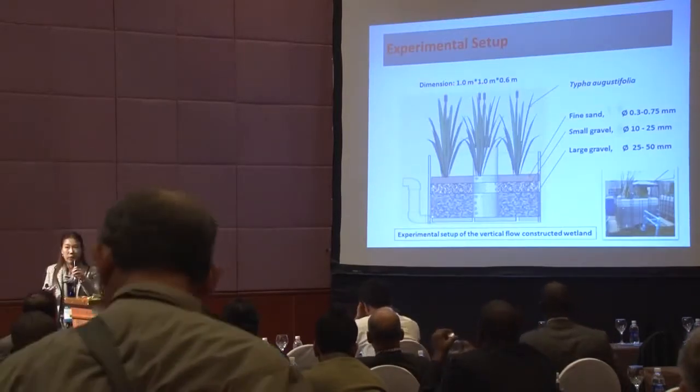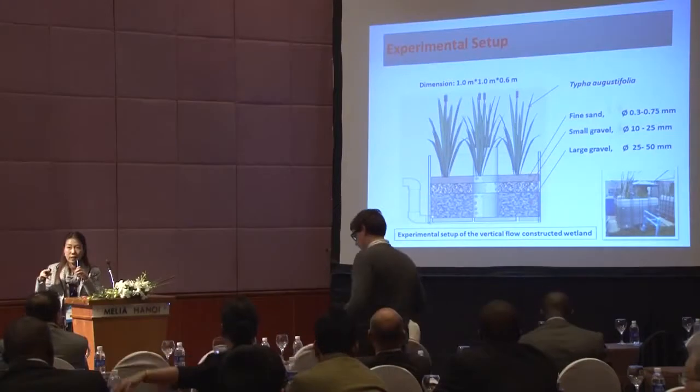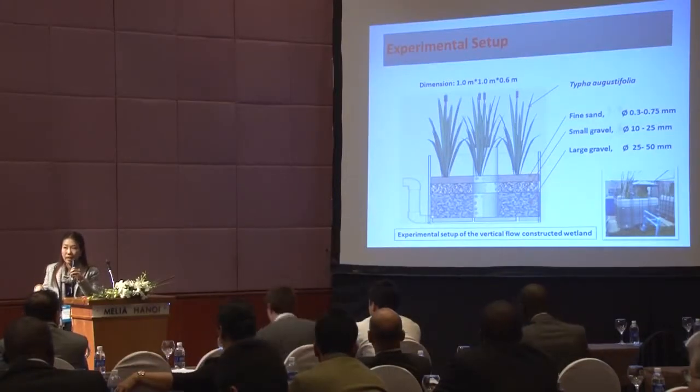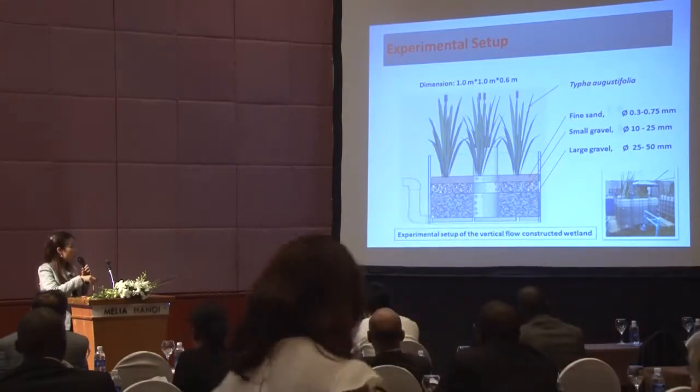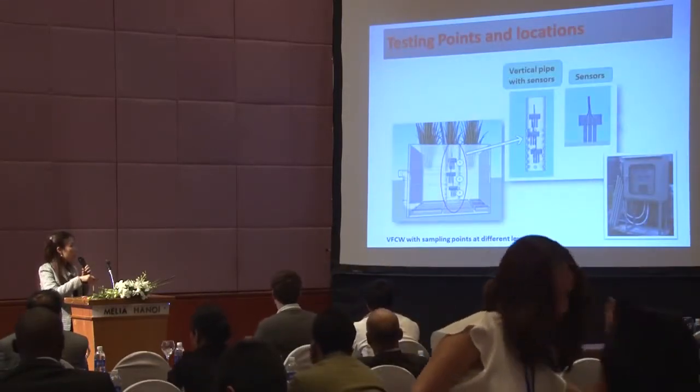This shows the experimental setup that we have at AIT. We use plastic tanks, 1 meter by 1 meter, with about 60 centimeters of media. Inside the system, we put probes to measure DO concentration, pH, and ORP, to know the fluctuation of DO inside, like real-time monitoring after we feed.